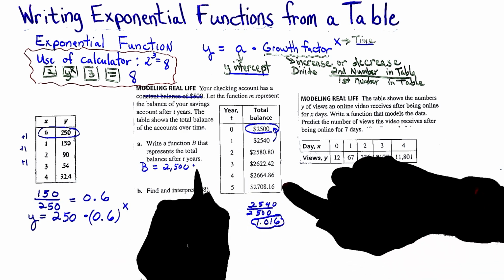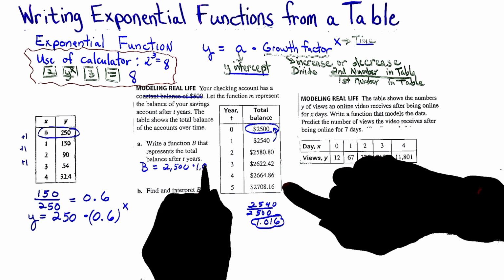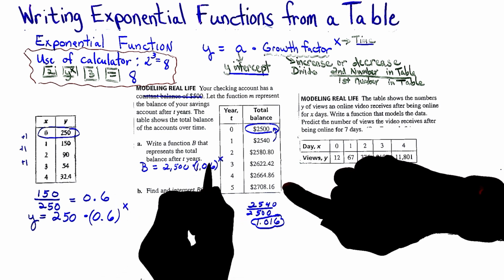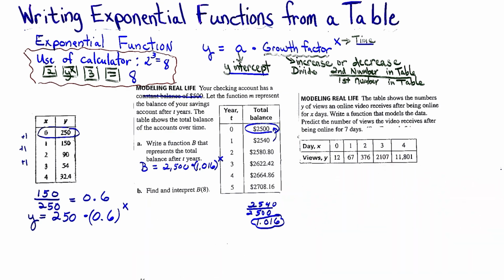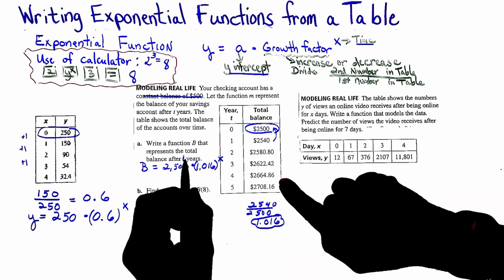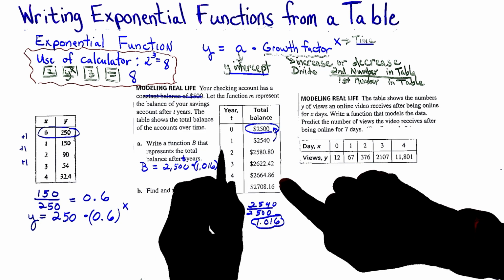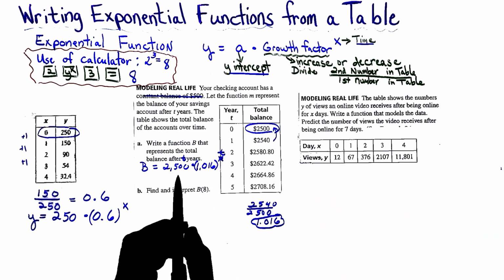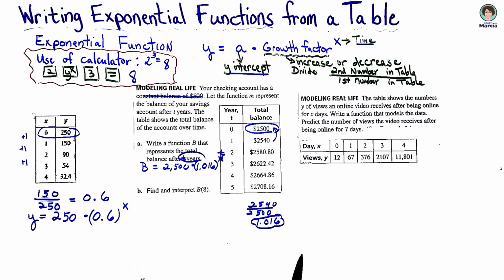So we are going to write 1.016. And right now we're just putting an x there. Or not an x, actually, look, they said t, so I am going to write a t for my exponent. Just the letter t, because that's what they wanted there.